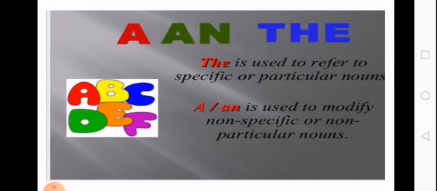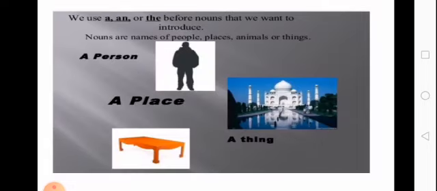As I explained, whenever we use the article the, it means there is some speciality in that thing. Clear? And a and an mean that it is a common thing. We use a, an, or the before nouns that we want to introduce. Why do we use these? To give more information about the noun. Nouns are names of person, place, animals, or things, as I explained in my lecture.